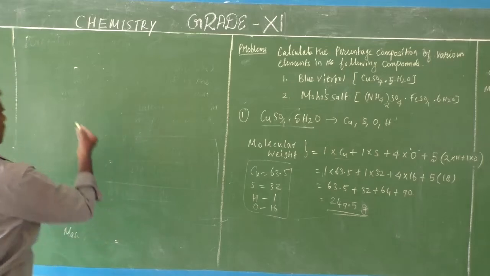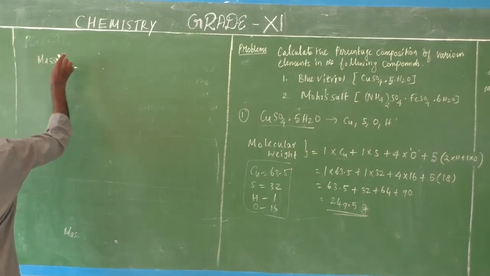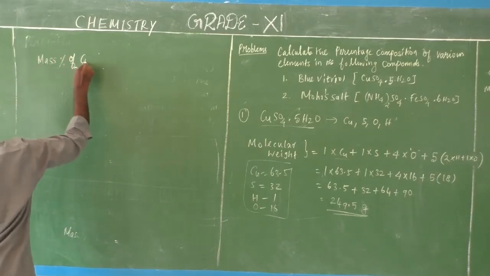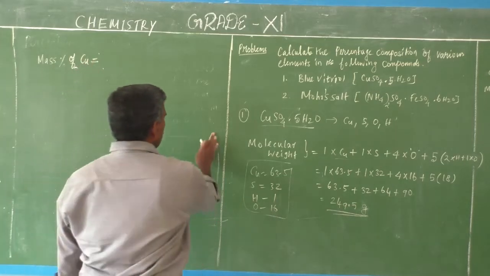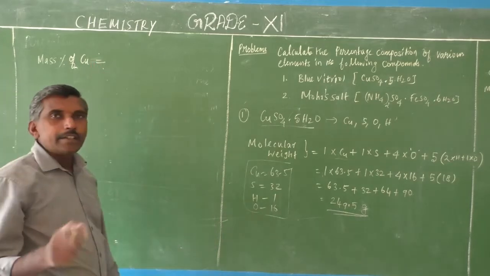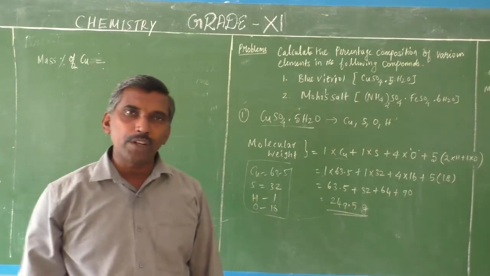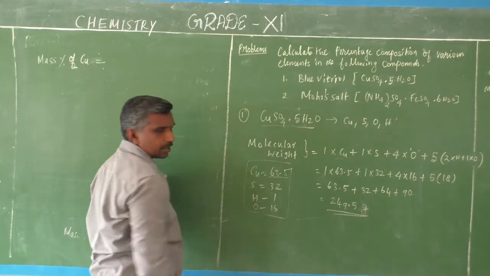First, the mass percentage of copper. Weight of the element divided by molecular weight of the compound into 100. What is the weight?